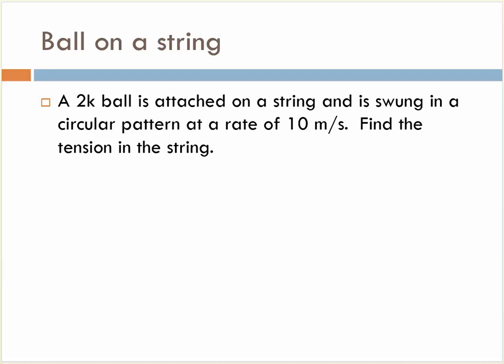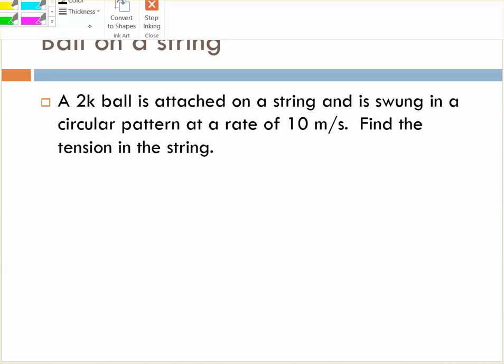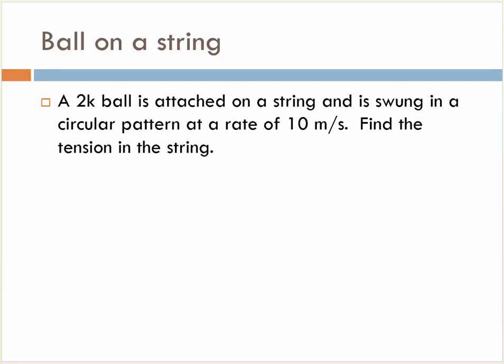A 2 kilogram ball is attached to a string and swung in a circular pattern at a rate of 10 meters per second. Find the tension in the string. Well, to do this, I'm going to say the sum of the forces, in this case the centripetal force, is equal to the force of tension. So the force of tension is equal to mv squared over r, and in this case I think that's supposed to be 2 kilograms.